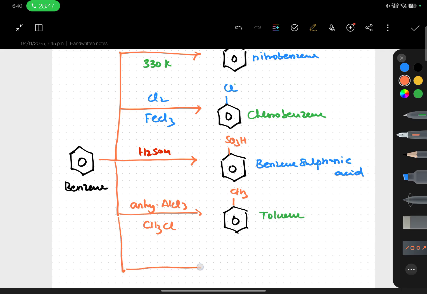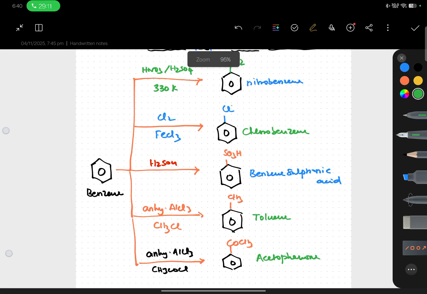Similarly, it can react with anhydrous AlCl3 in presence of CH3COCl. You get a benzene ring with COCH3, which is nothing but acetophenone.